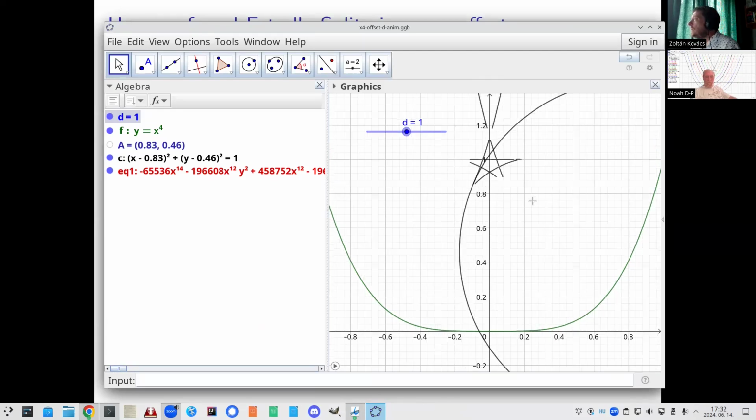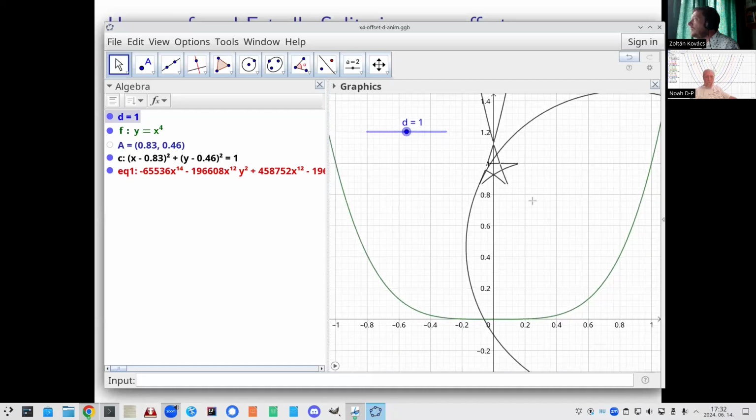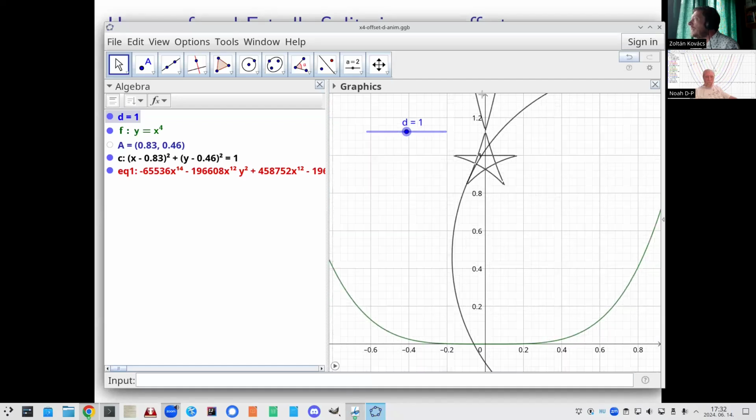It's difficult to find a good zoom, because the numerical algorithm in the background cannot really handle this situation of degree 14 curves. So that's why we need a different algorithm if we want to visualize this much better.